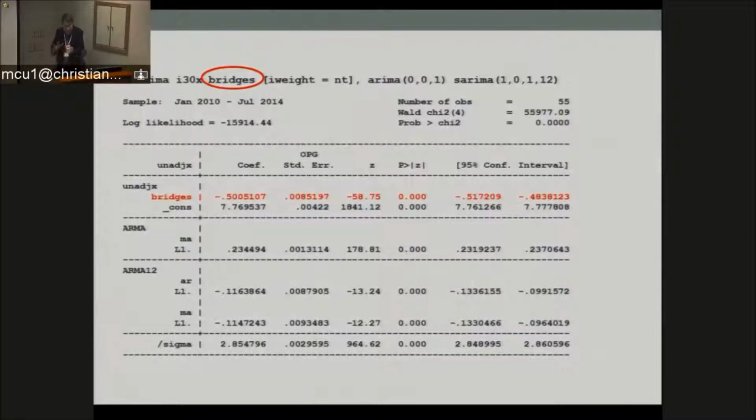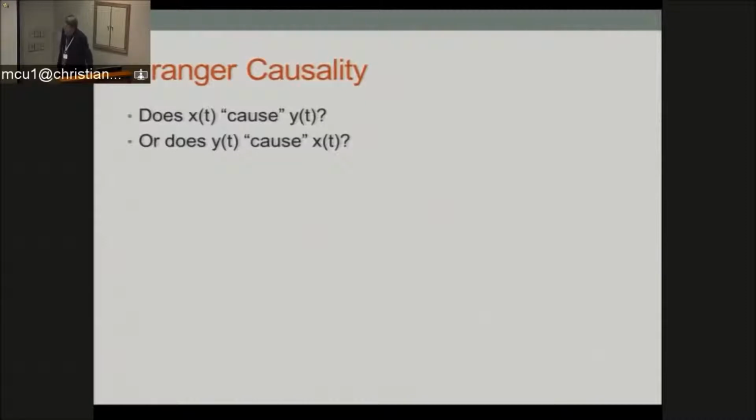So that's what interrupted time series is about, and I think it's a neat way of looking at interventions and implementations where you have data over a fairly lengthy period of time. Obviously, if you do just a before and after, with one measurement before and one after, then that's not time series. But okay, let me, in the few remaining minutes, talk about Granger causality.